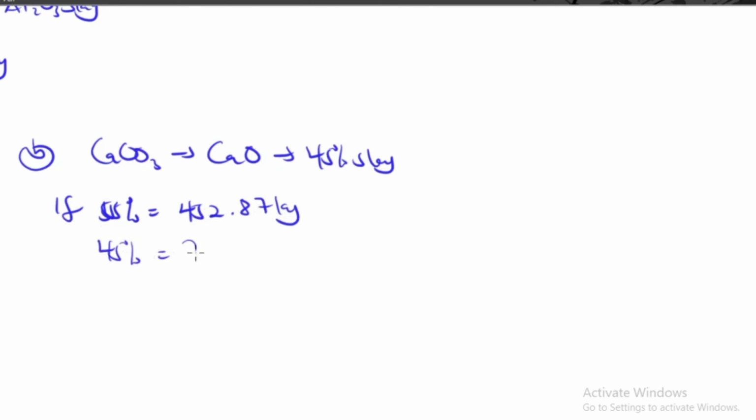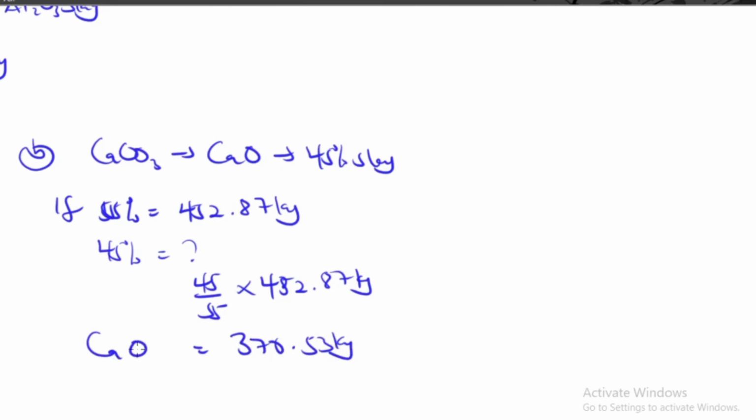By ratio and proportion, that will be 45 over 55 times 452.87 kilograms. In that case, the calcium oxide mass is going to give you 370.53 kilograms, which is the calcium oxide, representing the 45% of the slag.